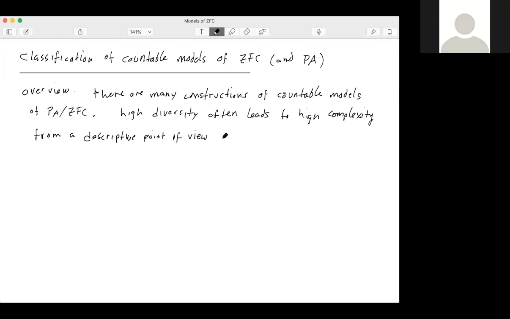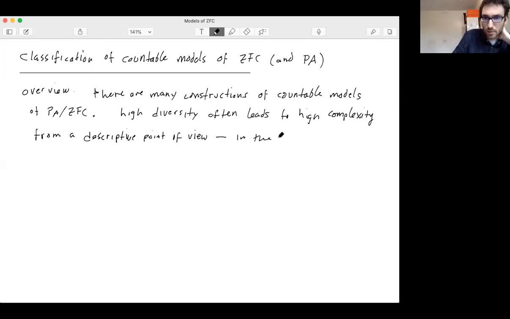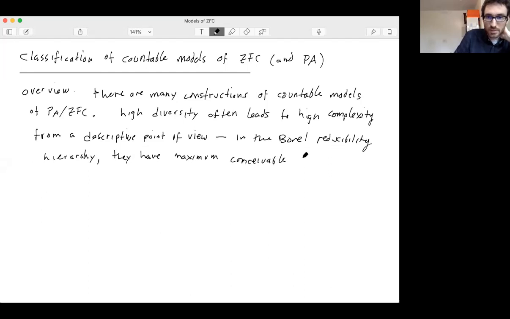So in the Borel reducibility hierarchy, which I'll introduce later, they have the maximum conceivable complexity.